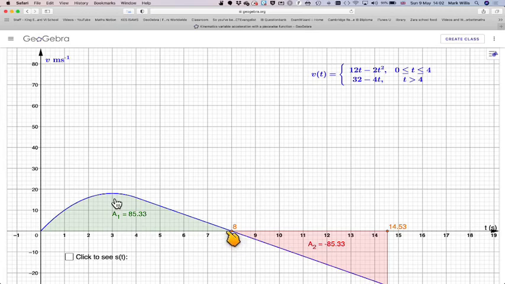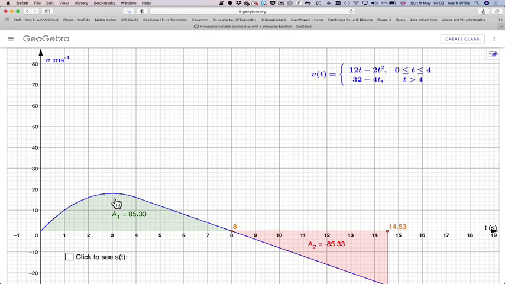This is where it will change direction, because the velocity function crosses from one side of the axis to the other, and then it goes back and at 14.53 it will get back to the origin. At t equals 4 is where the first function finishes and the next function begins. You can see this one is actually a straight line.